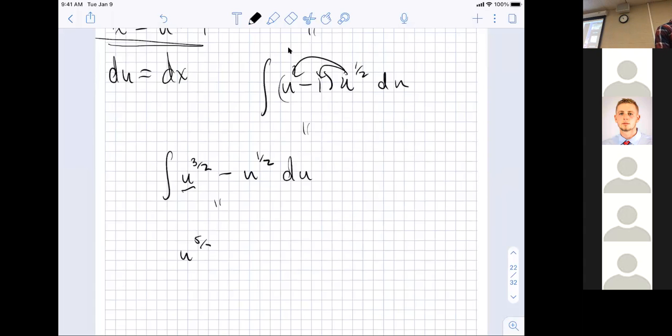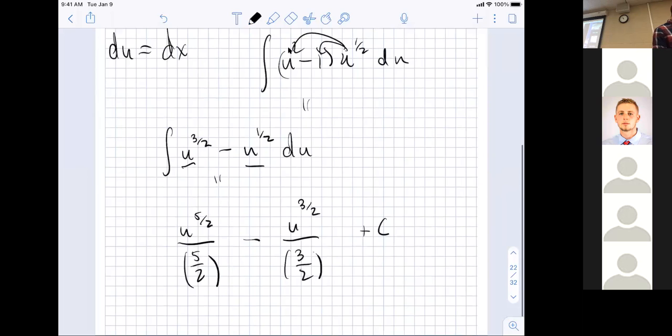Yes, and then minus, and right now I am breaking up the integral. You can do it piece by piece, right? So minus, what's the integral of u to the 1/2? U to the 3/2 divided by 3/2 plus some constant.